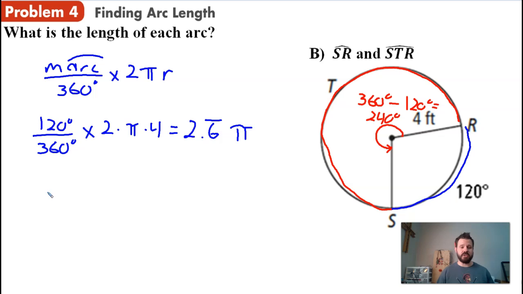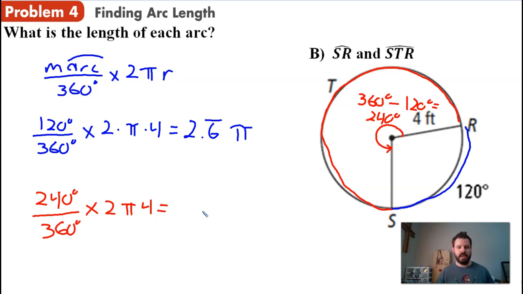So that's my arc measure. So now I can go 240 over 360, and then times the same circumference, 2 times pi times 4. Now when I multiply that through, I end up with 5.3 repeating. So we could say 5.3 repeating pi. Now, trick with this one, if I added the two of these together, I should get the whole circumference. So here's an example of finding a few different parts of that circumference, a few different arc lengths.